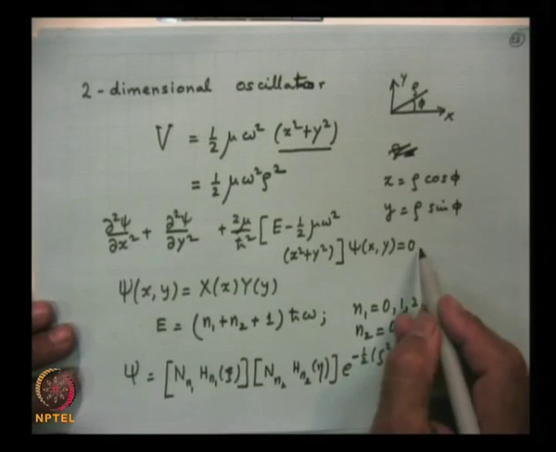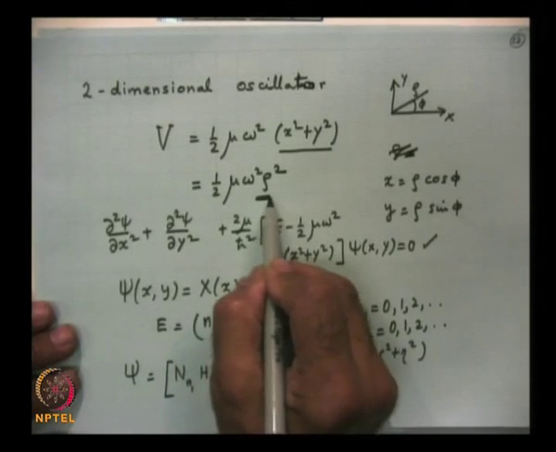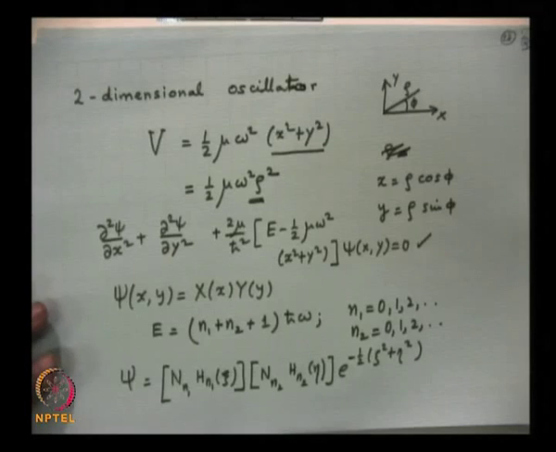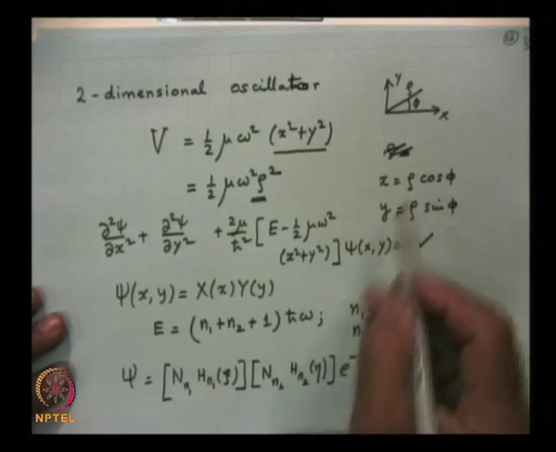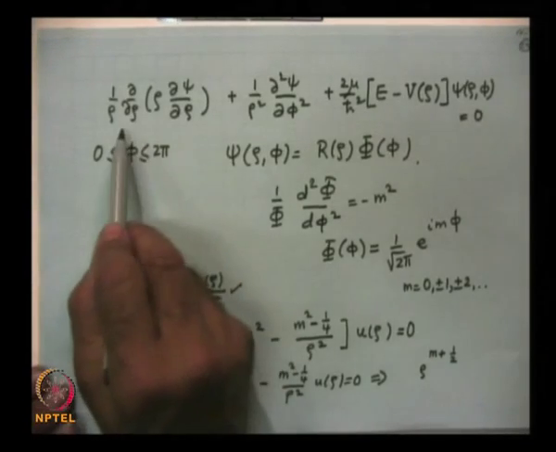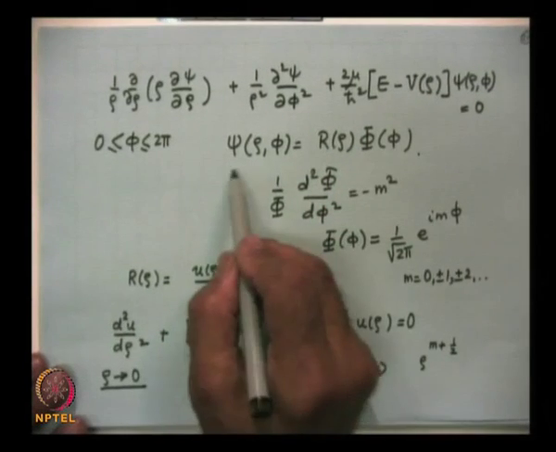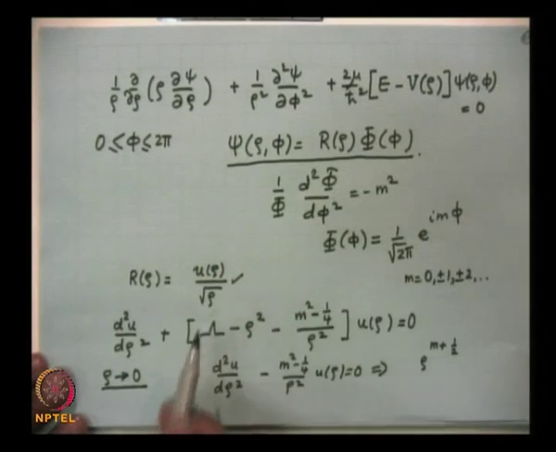We can solve this by using the method of separation of variables, or we can use the circular coordinates where x is equal to rho cos phi and y is equal to rho sin phi. If we do that, the corresponding del square operator in 2 dimensions becomes this. We can use the method of separation of variables.